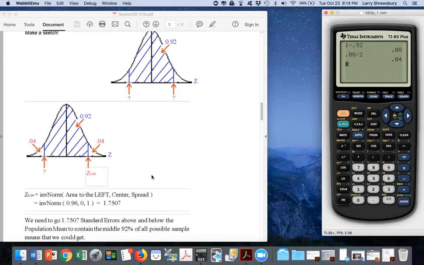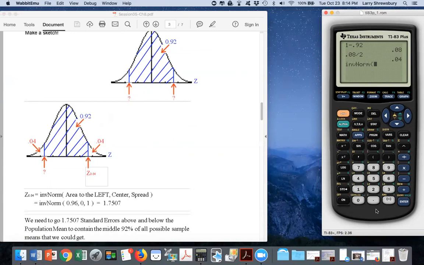So that means the critical value, the z-score that will tell you how many standard errors you have to go above and below the center to contain the middle 92% of all the sample means. So I just need to find that z-score. I'd have to find the area all the way to the left, which would be the 92% plus the 4%, which is 96%. So now you could go over here, go to inverse norm.